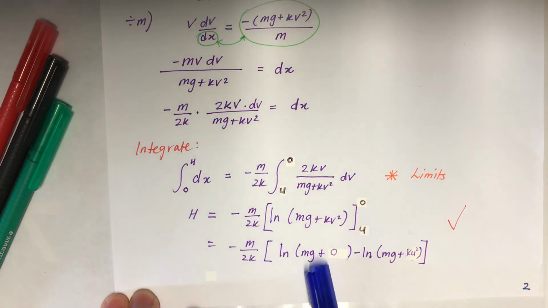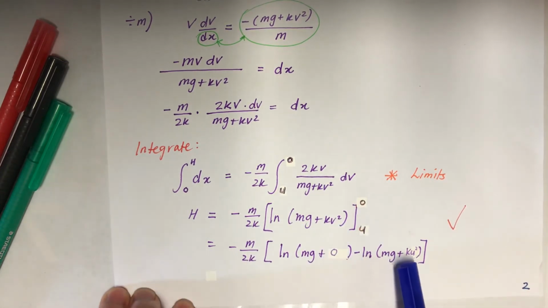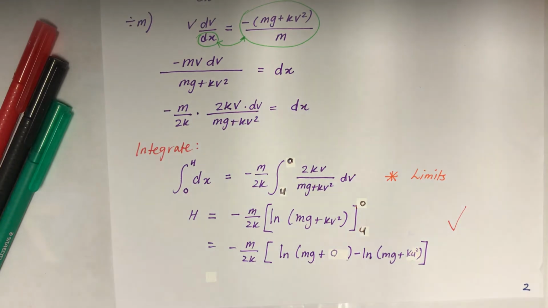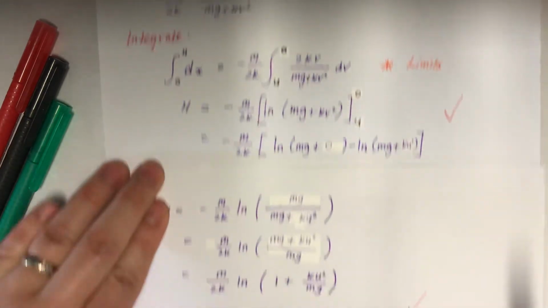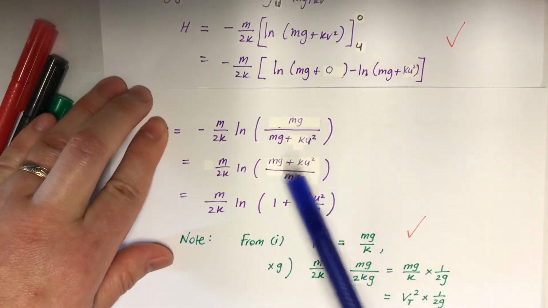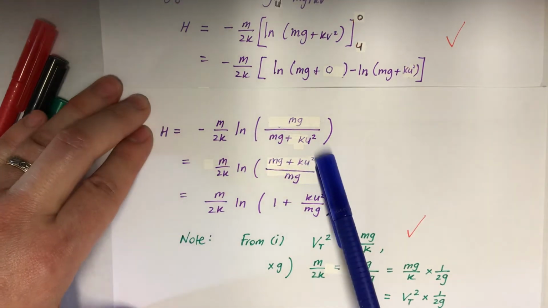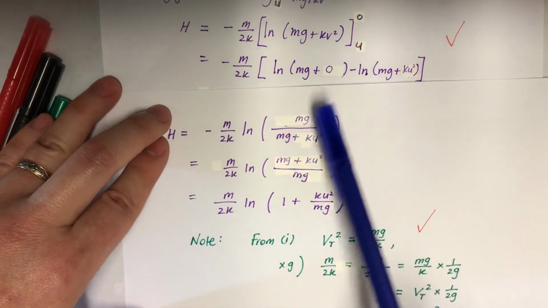So now I'll put 0 into v, and then put u squared there for when it was v. That becomes like this, because it's ln.